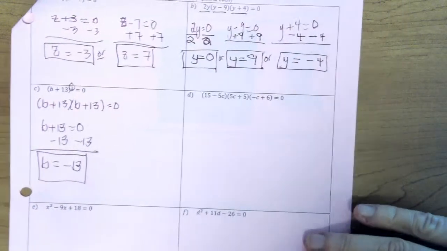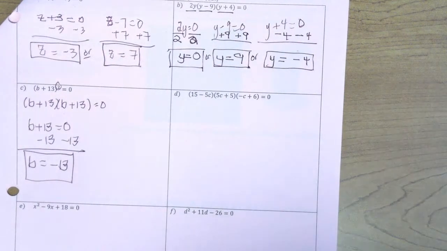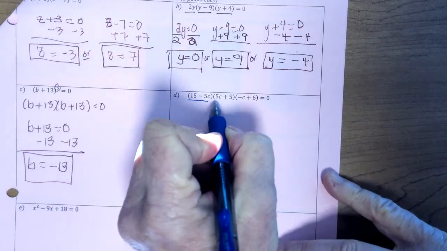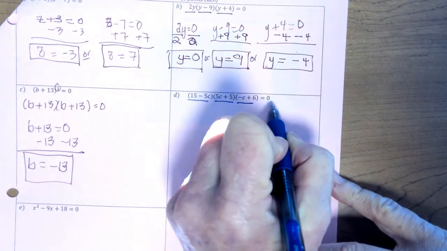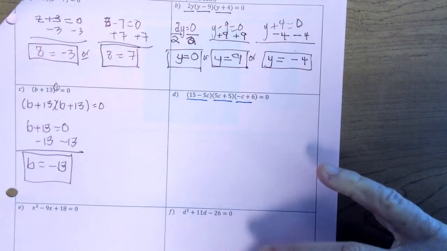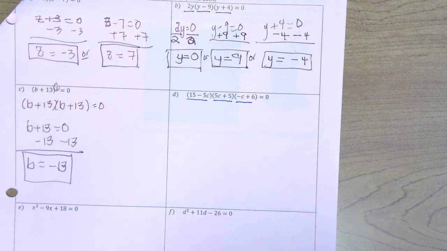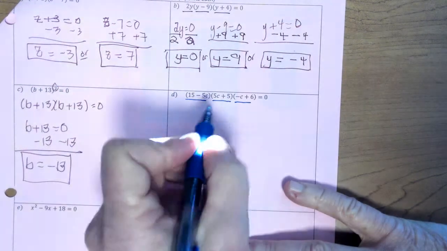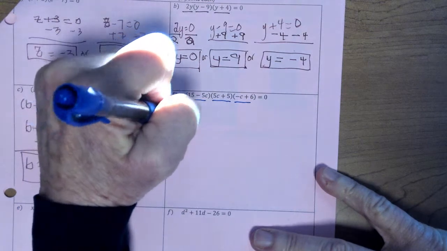Moving on to D, I've got three factors. Take a look. What are my factors? 15 minus 5c, 5c plus 5, and negative c plus 6. They're all equal to 0. So basically, I am going to be solving each one of these for 0.